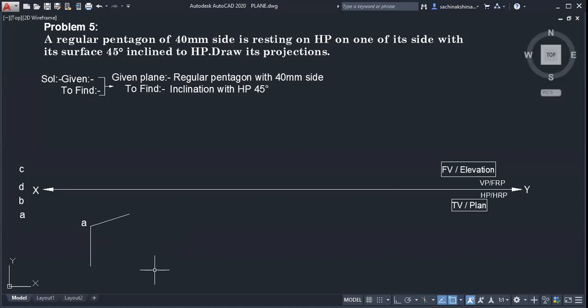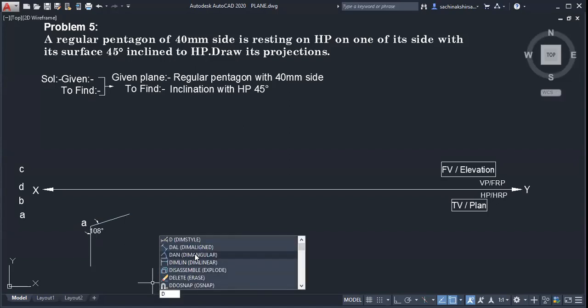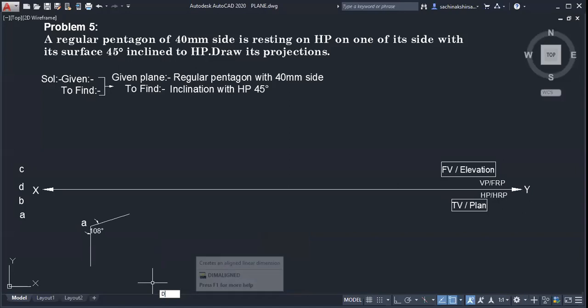Just give attention to how to draw that line. I have taken an angle of 108 between this vertical line and this line, and this distance should be 40, because the side of the regular pentagon is 40.